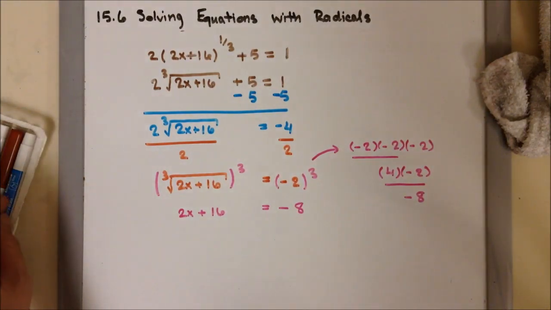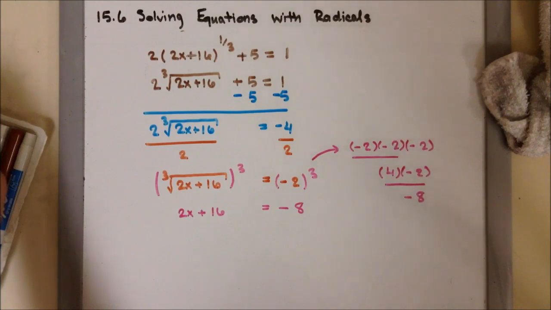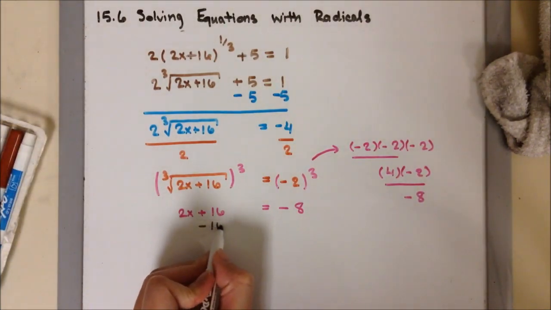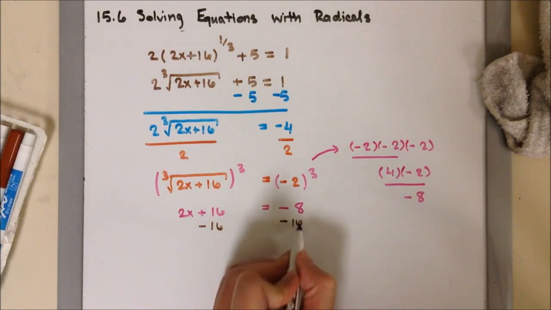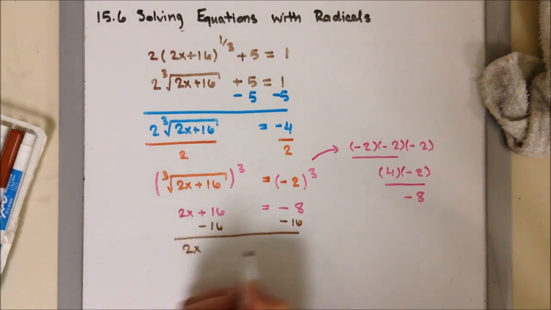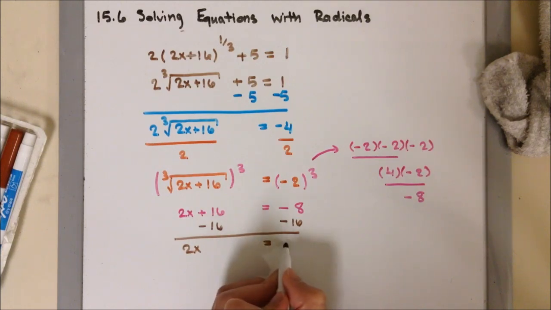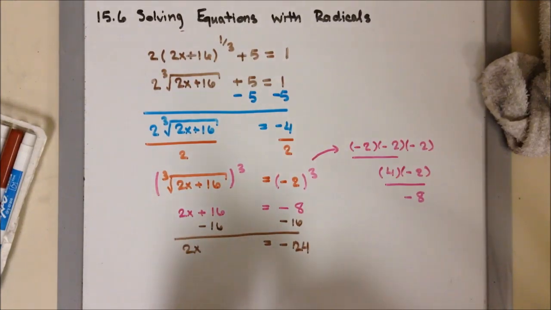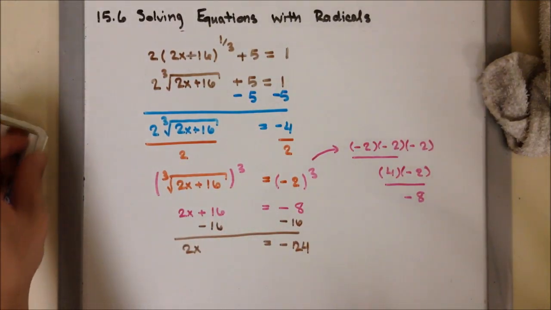Now we're going to solve just like a regular equation. What I'm going to do is subtract 16 on both sides. So 2x equals negative 8 minus 16, which is negative 24. And then I'm going to divide both sides by 2.